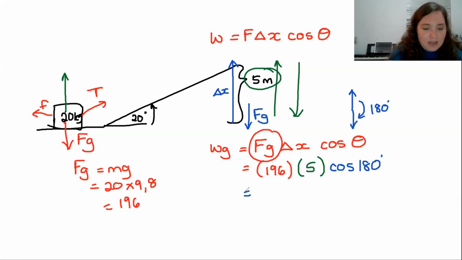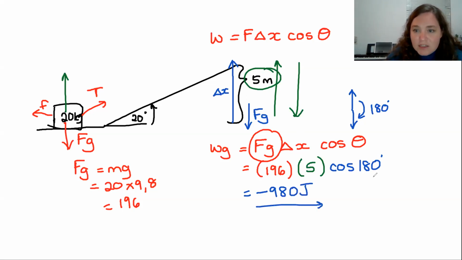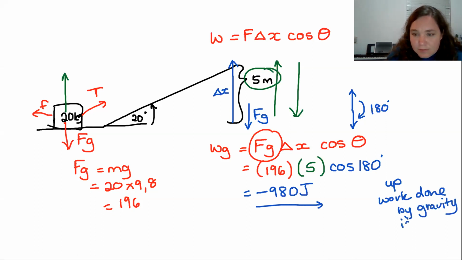And if I work this out, 196 times 5 times cos of 180 gives me an answer of negative 980 joules. You will find that whenever an object moves up, the work done by gravity is negative. It'll always be negative because gravity always acts down, and if you're moving up, your displacement is up.